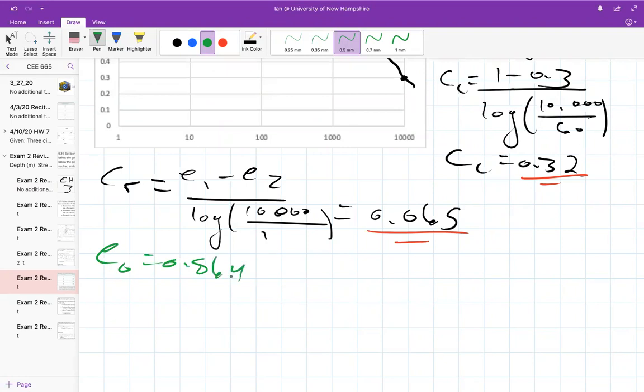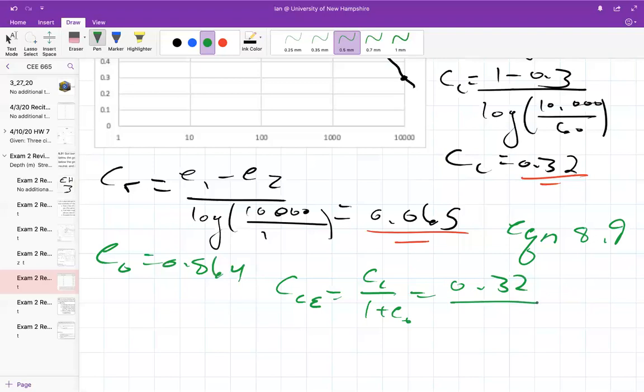That's what we started with. I'm going to use equation 8.9. So C sub C epsilon is just our C sub C over 1 plus e naught. So we have 0.32 over 1 plus 0.864.